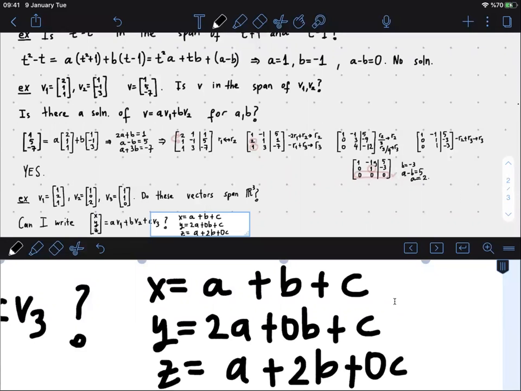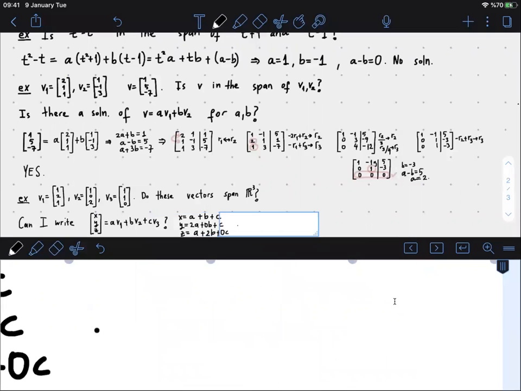So the question is, can I solve this system for a, b, c in terms of x, y, z? x, y, z is given, and we're trying to find whether this system can be solved for a, b, c.